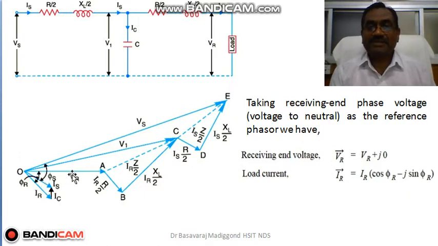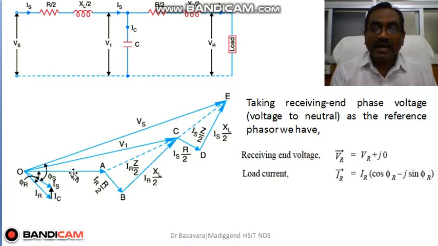So IR lags VR by an angle phi R. There is a capacitance here, and this capacitance current, the charging current IC, leads VR by an angle of 90 degrees. So the vector sum of IR and IC is IS, that is the sending end current. So IS is the vector sum of IR and IC.